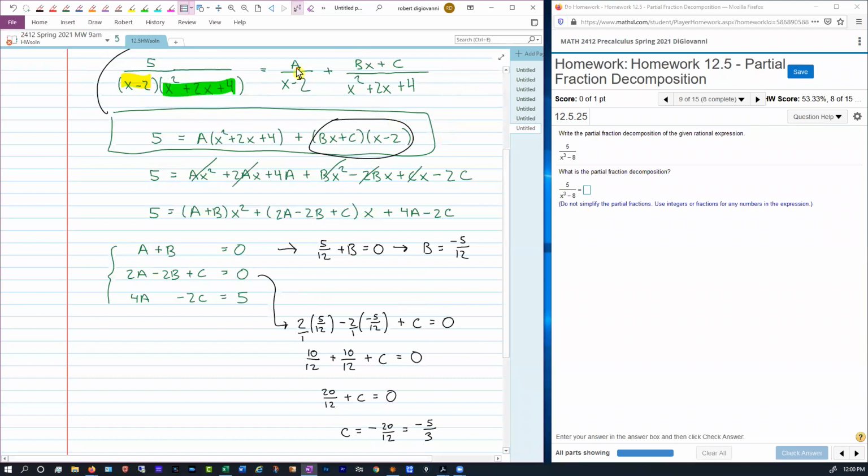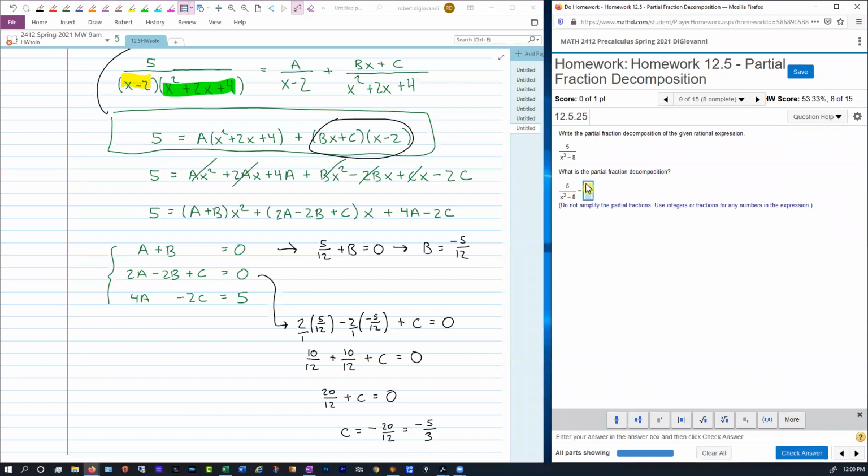So let me try and do this a different way. The fraction up here is going to be 5 over 12, and on the bottom is x minus 2. So that worked better. And then plus, okay, we have a fraction.